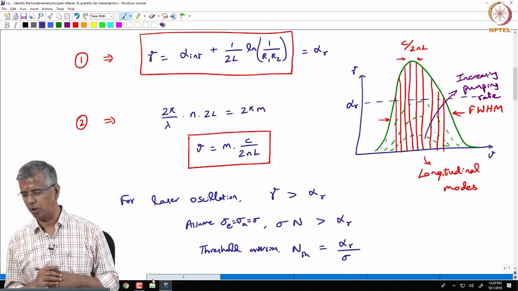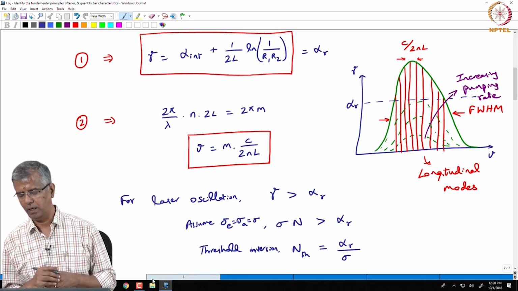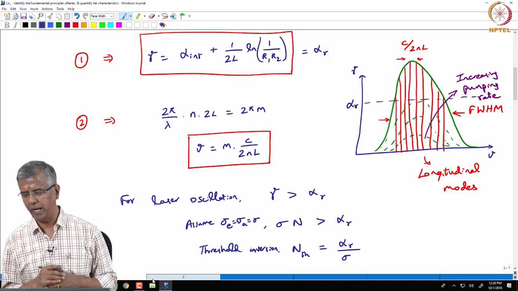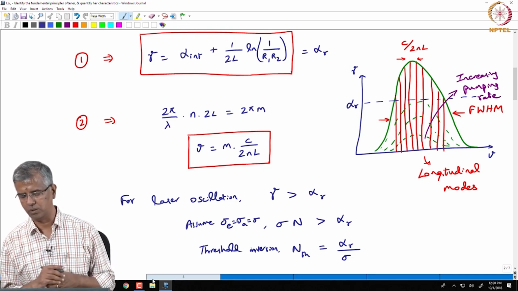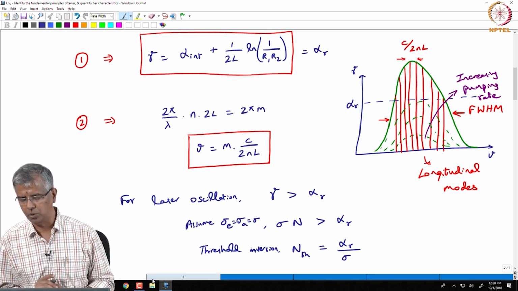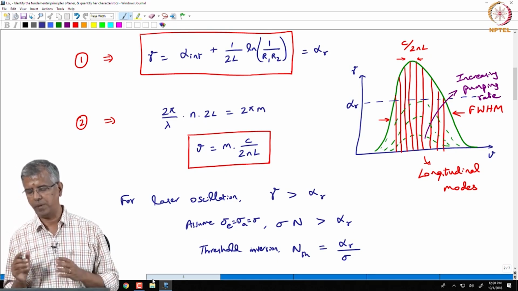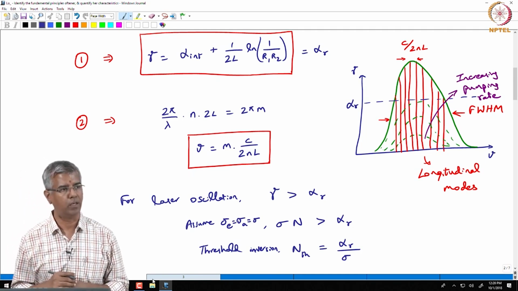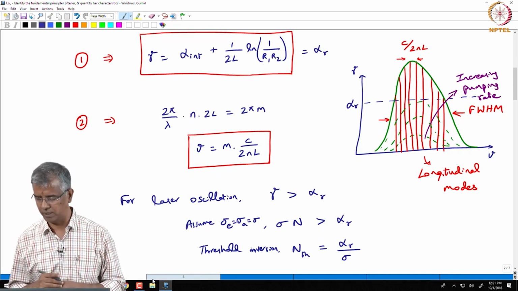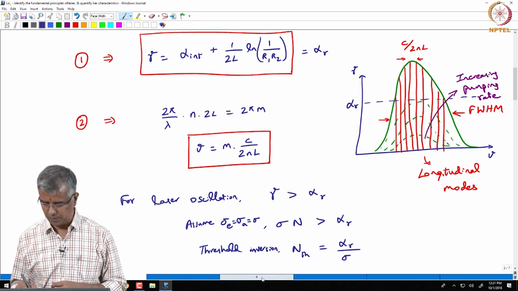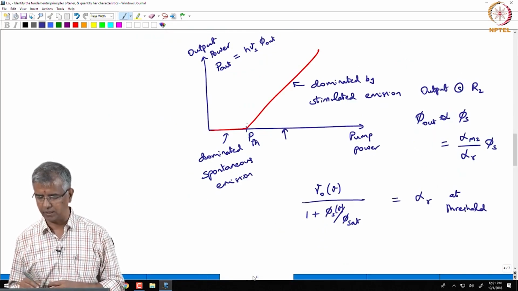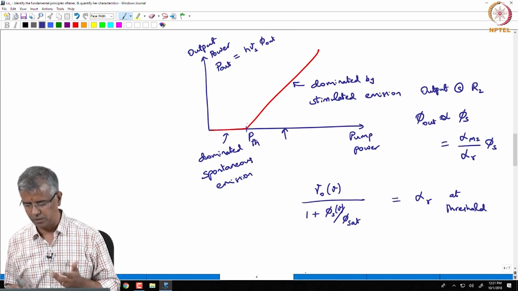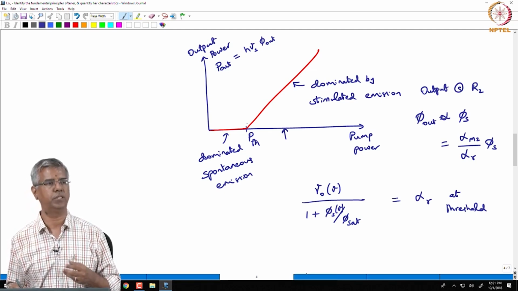So, we talked about a case where you will have all these longitudinal modes corresponding to the case where the gain is greater than the loss. Those are the ones that will survive in the cavity, and specifically we went on to look at the issue which includes saturation of the gain.